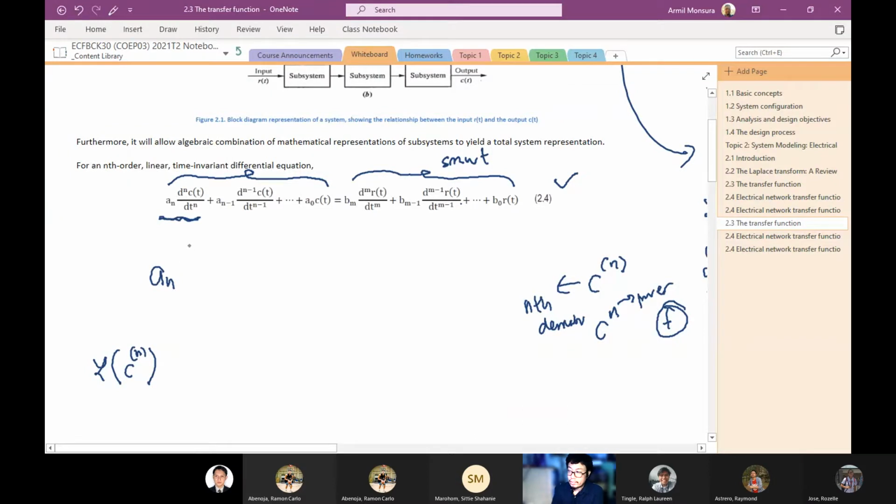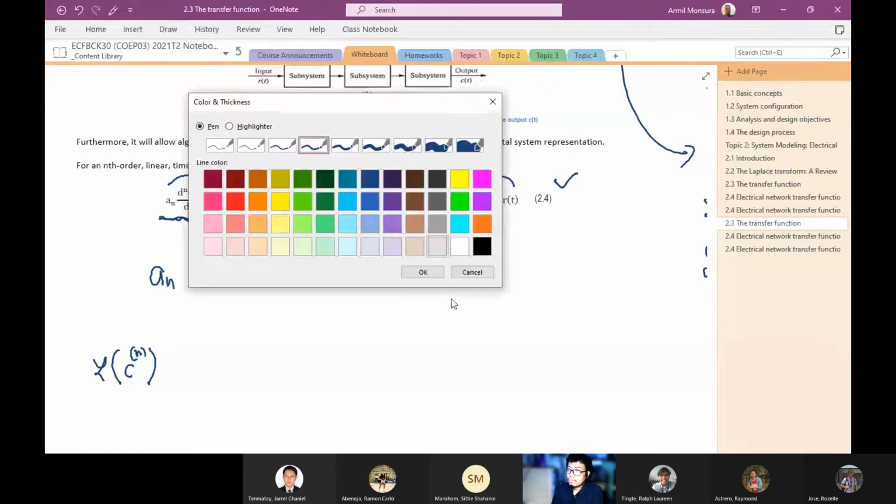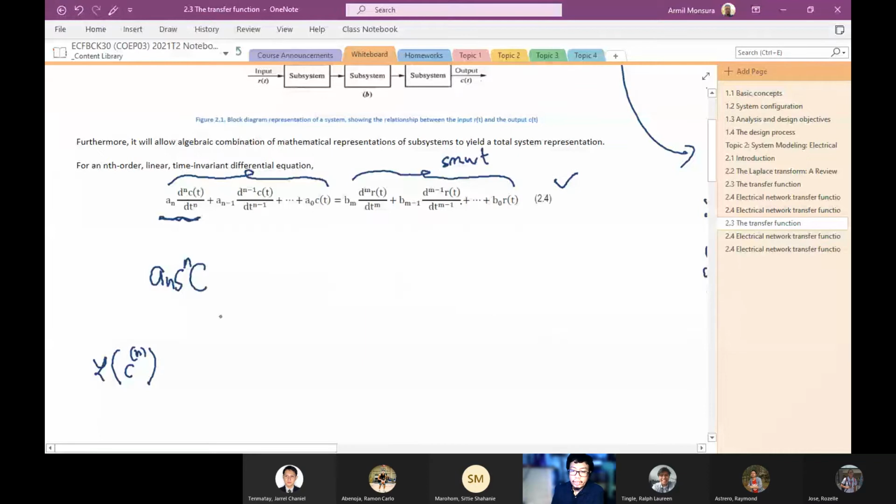Okay, so ngayon kung kukumpletuhin natin yung Laplace transform niya. If we have to complete the Laplace transform of that one, we will have s raised to n times C. Ito yung Laplace transform nung derivative na yun. And then continuing, paki-check na lang kung tatama ako. This is a sub n minus 1 times s raised to n minus 1 times C. Again, uppercase yan.